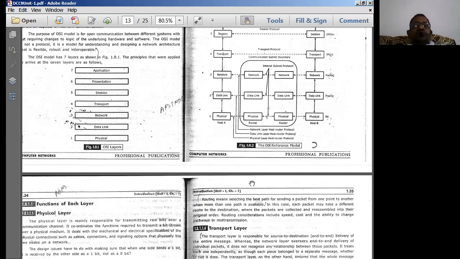Especially in the data link layer, which is the next unit, after it receives the packet from the network layer, it generates frames. Now this frame contains the source MAC address, the destination MAC address, and the packet coming from the network layer. These are the extra information added by the data link layer.